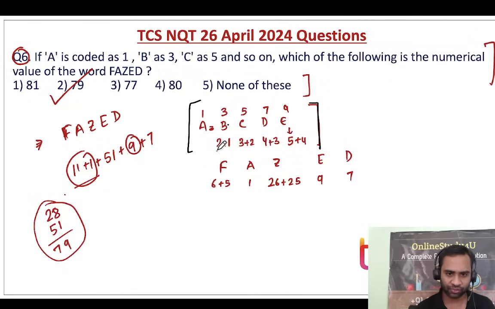B is 2. 2 if you subtract 1, it will become 1. So 2 plus 1 is 3. C is 3. And how will it come 5? 3 minus 1 is 2. So 3 plus 2 is 5. Then D is 4. 4 minus 1, 3. It will give you 7. E is 5. 5 minus 1 is 4. It will give you 9. So Z is 26. 26 minus 1 is 25. We will add it. Okay.